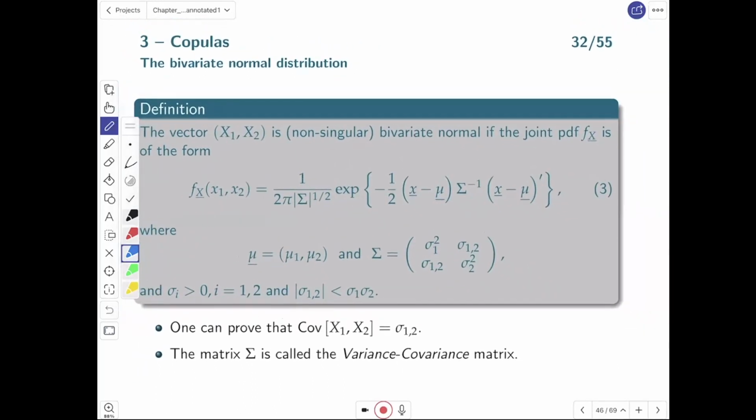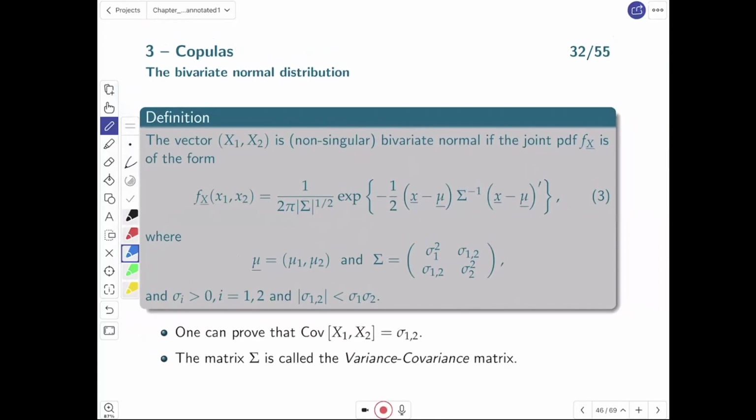A first solution is to directly specify the joint density of my distribution. So I'm looking at the vector (X1, X2), and if I integrate over the density, I get the joint CDF, which is given by this expression here.